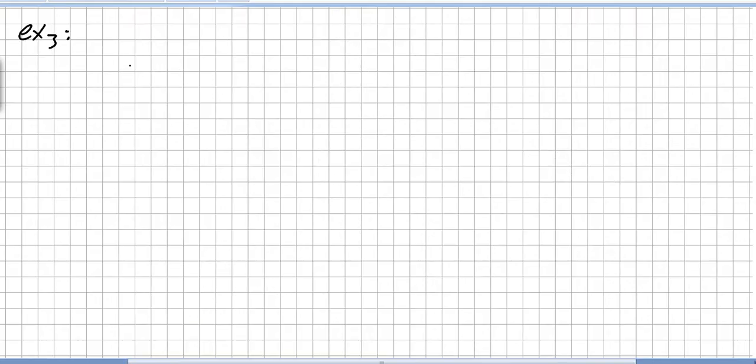Another example, imagine we are mapping the non-zero reals.